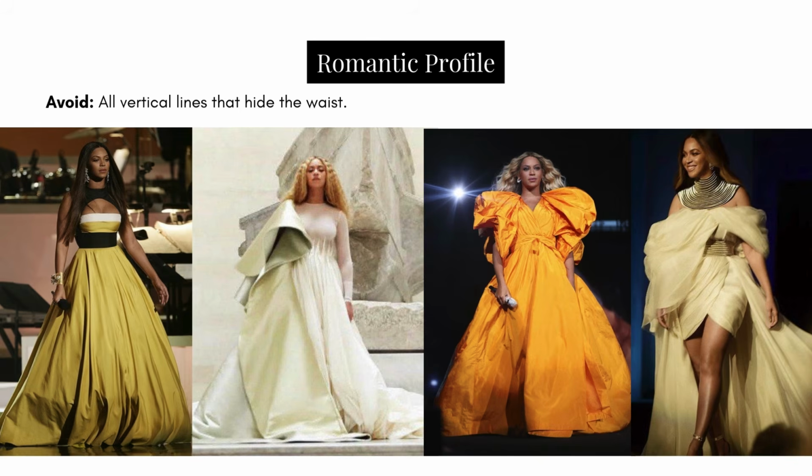So in that first one, we do have a cinched in waist, and it's clearly defined by that black belt, but the volume of the skirt is such that it billows out, and that waist definition is not lost, but it just loses the effect.